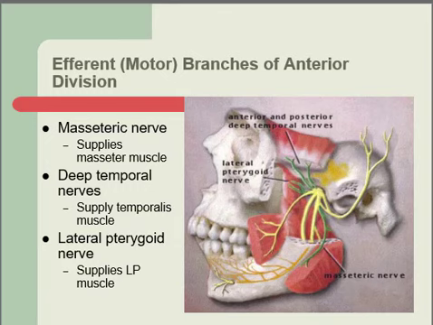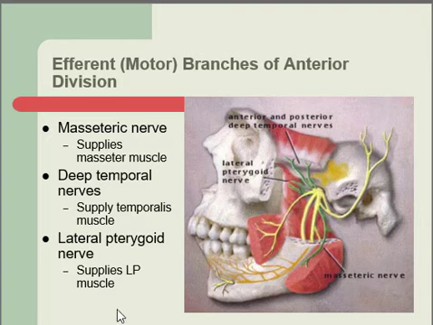So again, lateral view. These are the motor branches of that anterior division that supply the remaining muscles of mastication. This is pretty self-explanatory. The masseteric nerve supplies the masseter muscle, right, which when it contracts closes the mouth. The deep temporal nerves supply the temporalis muscle, again closing the mouth.